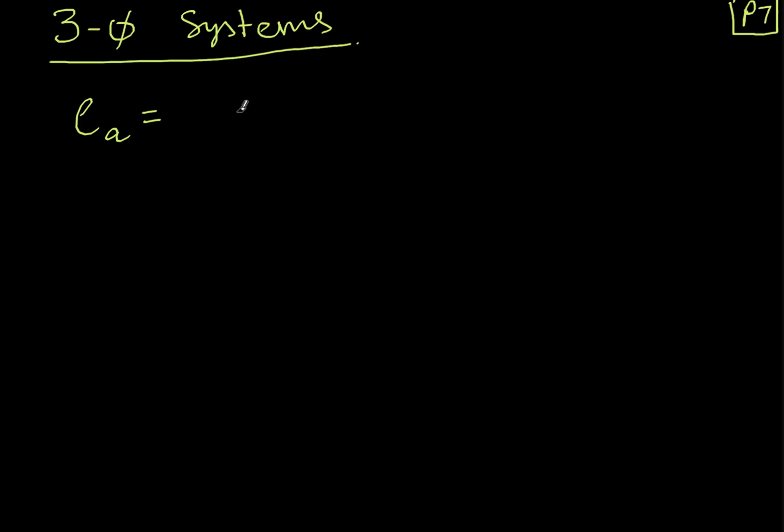First, let me write a generalized equation, and then I'll write the numerical equation. So instead of EA, let's call it VA. This is the voltage of phase A, and let's say it is some maximum voltage times sine of omega t. You have seen this; it is a single-phase AC, so very similar to that.